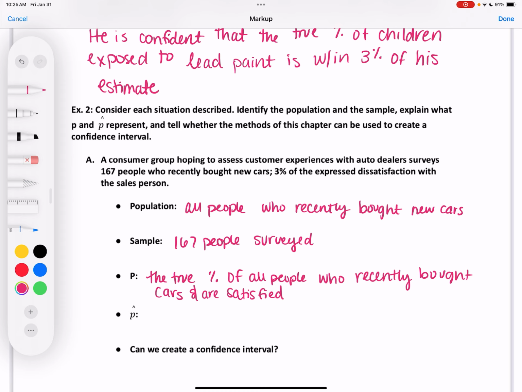That's the population. Our sample proportion here, which is the P hat, is the percent from the sample who were satisfied with their experience buying cars.